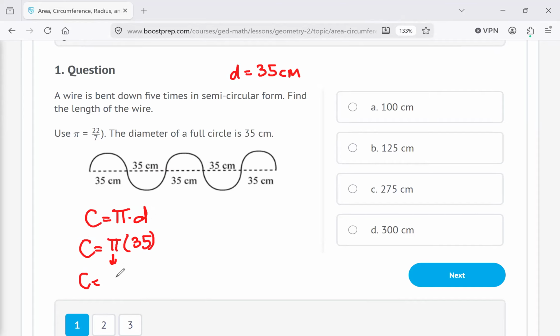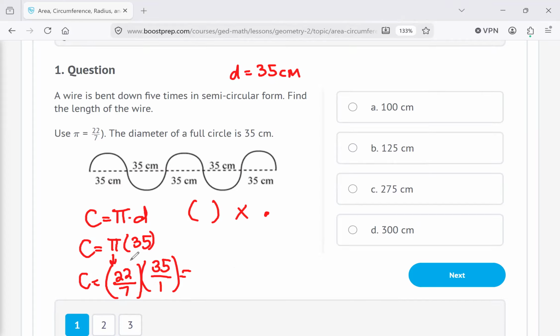I'm going to replace this pi with 22 over 7 times 35. To represent multiplication, I could use parentheses, the X, or a little dot. Those all mean multiplication. I'm just going to use parentheses, and it's 35 over 1.